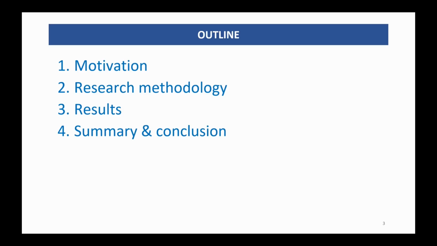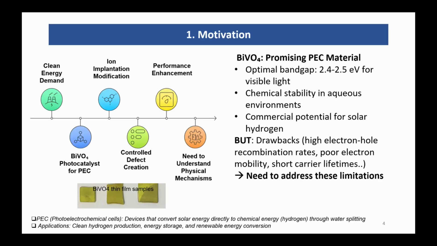This is the outline of my topic today. The first is motivation, the second is research methodology, then results, and finally summary and conclusions. For motivation, we know that nowadays we care about energy, and people want more clean energy.